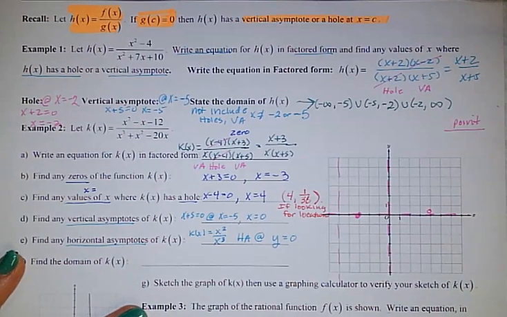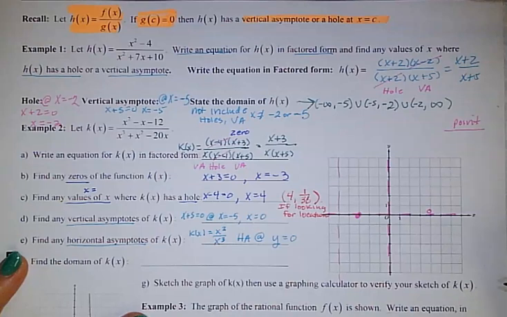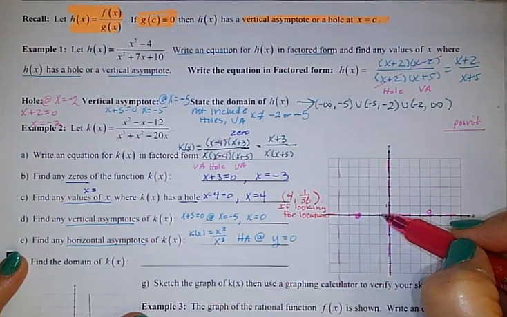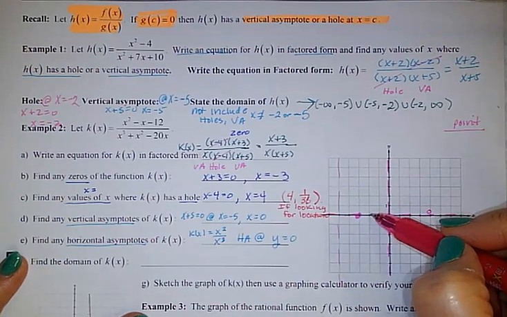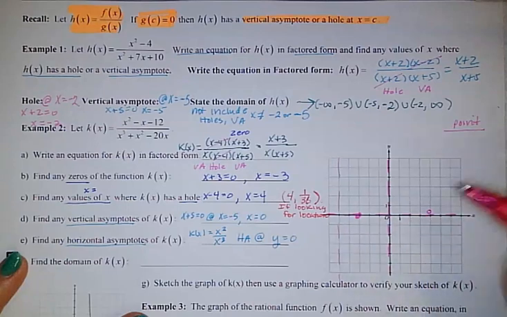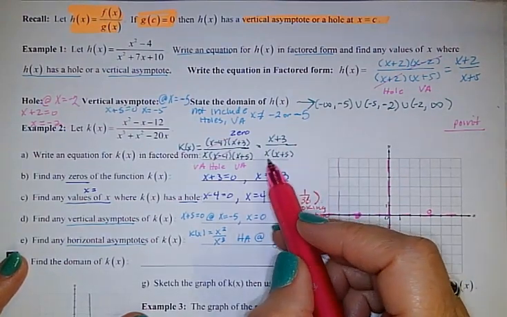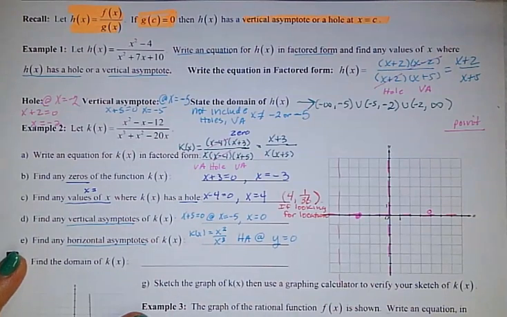So first off, let's focus between the two vertical asymptotes. If I pick the number, let's see, this is 1, 2, or even let's just pick 1 because that would be easy to calculate. If I picked 1, then I could plug it back into the simplified version to get a point that I can graph.